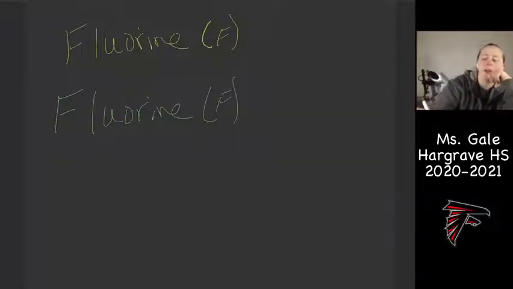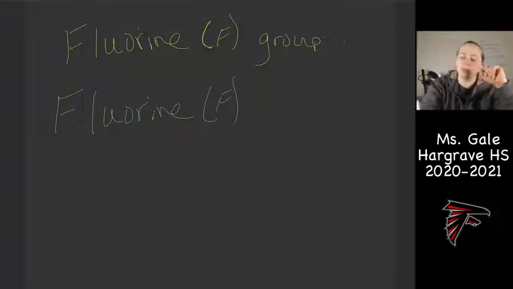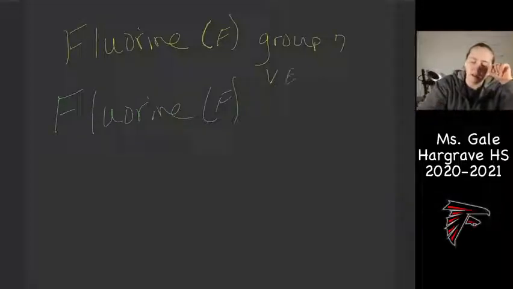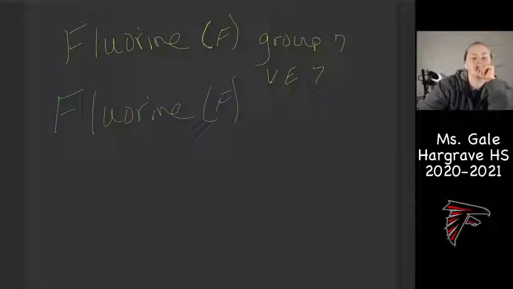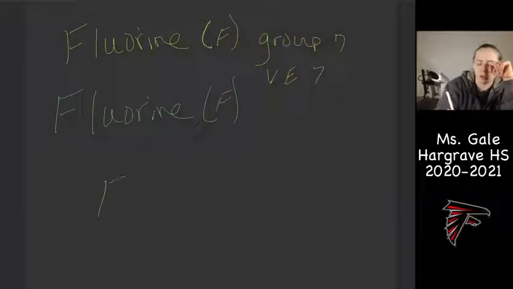So all we need is to know it is in group 7, valence electrons of 7. So let's draw their valence electron shell, their Lewis dot structure, for fluorine.